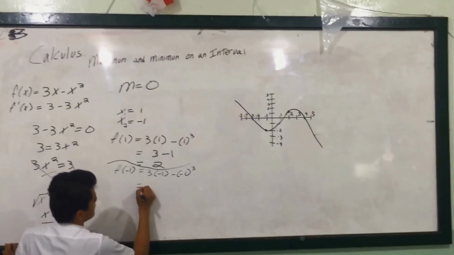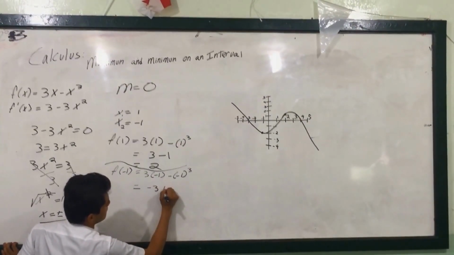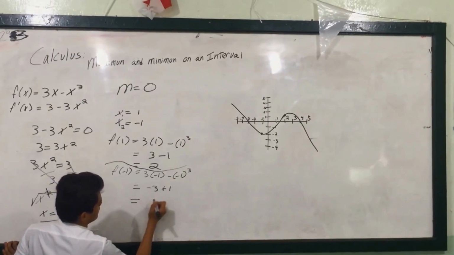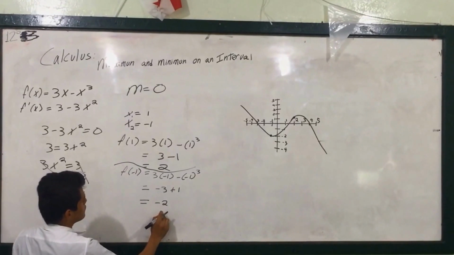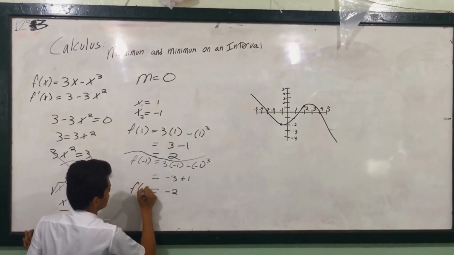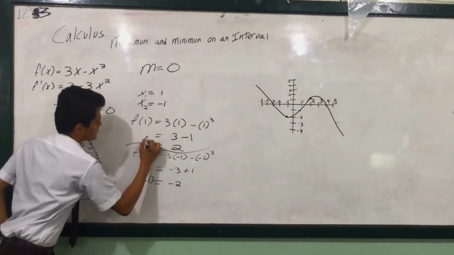This equals minus 3 plus 1, which equals minus 2. Now I have the two values: the value of f at minus 1 and the value at plus 1.